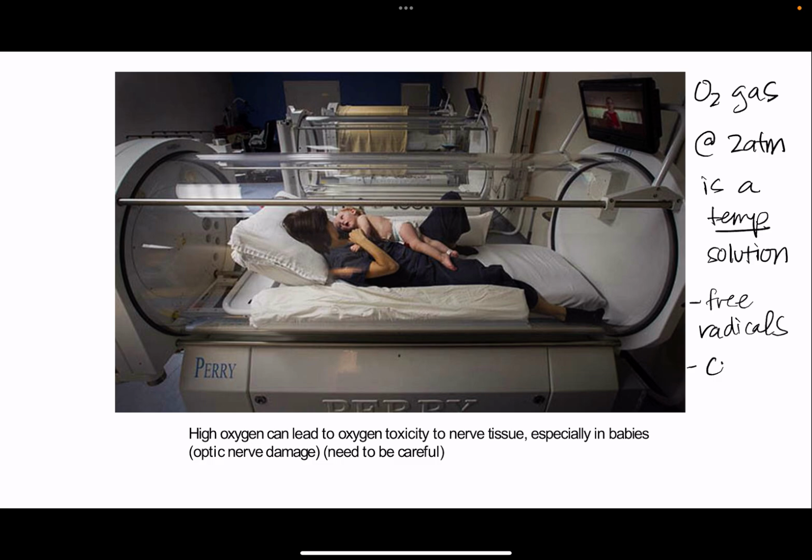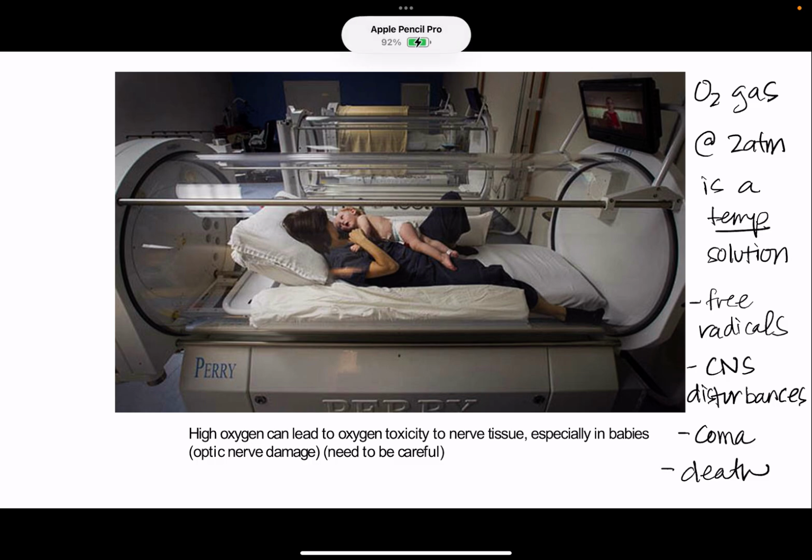It can cause central nervous system disturbances. So it can mess with your brain and your nervous system. It can lead to coma and can even cause death. So we only use this in emergency situations, and it's only a temporary solution.